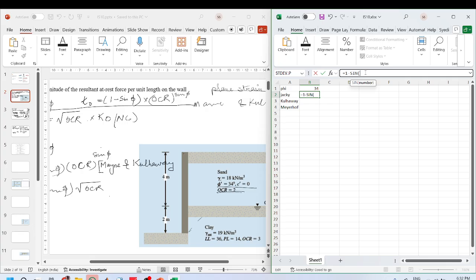So what we will do is use this function, which will convert our phi to radians, and then we take the sine for that. Okay, and let me use this, simplify.